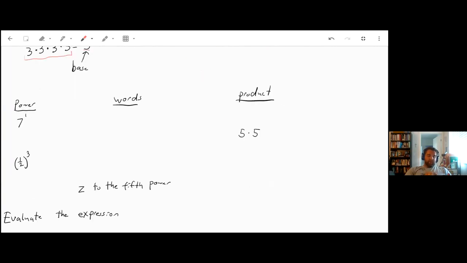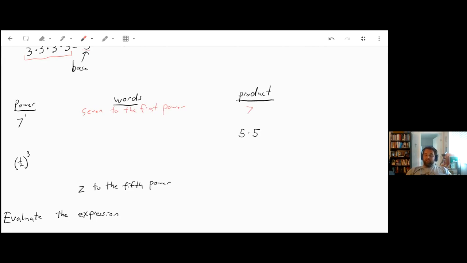So for example, 7 to the first power, you could write out as 7 to the first power, or as a product, that would just be 7.